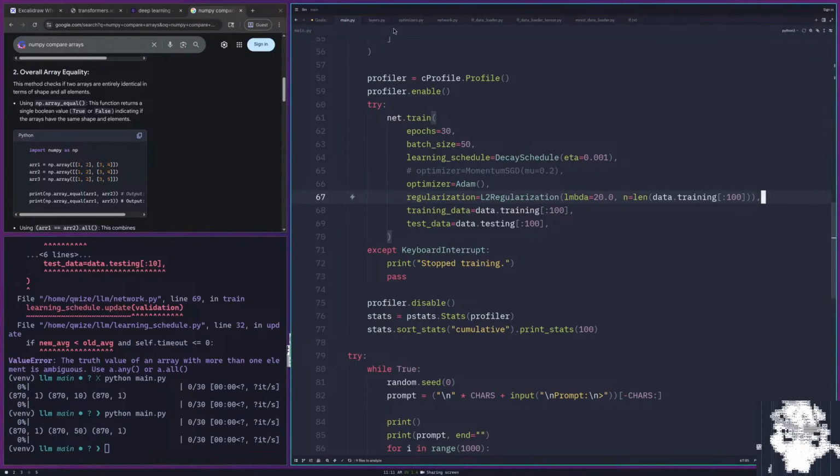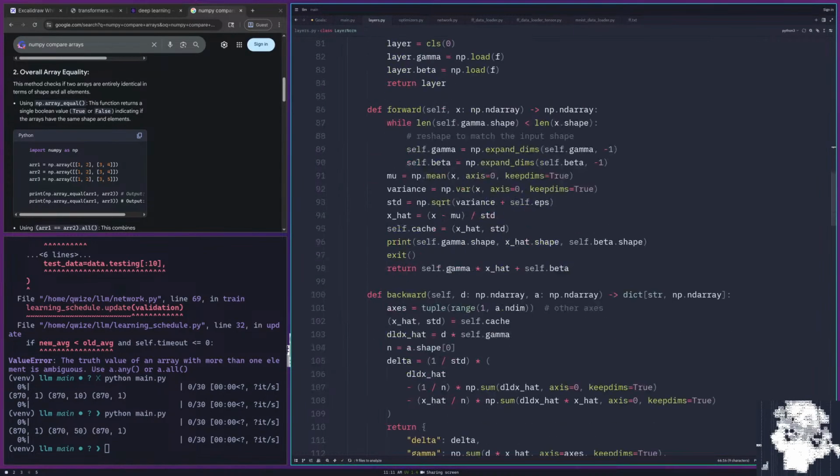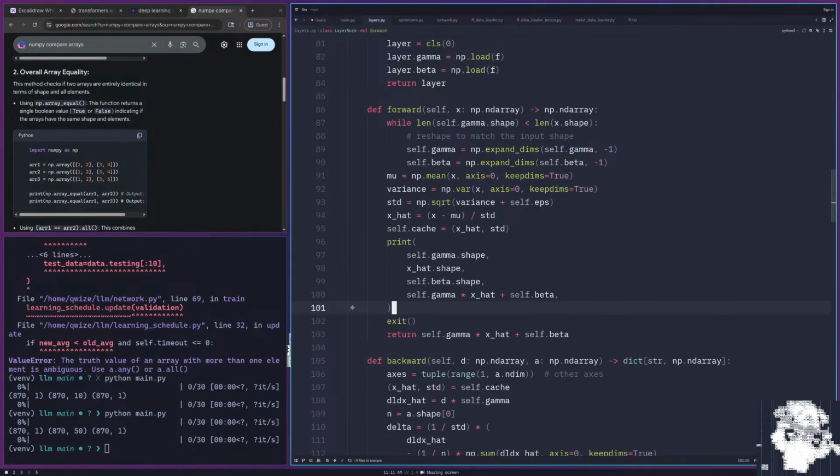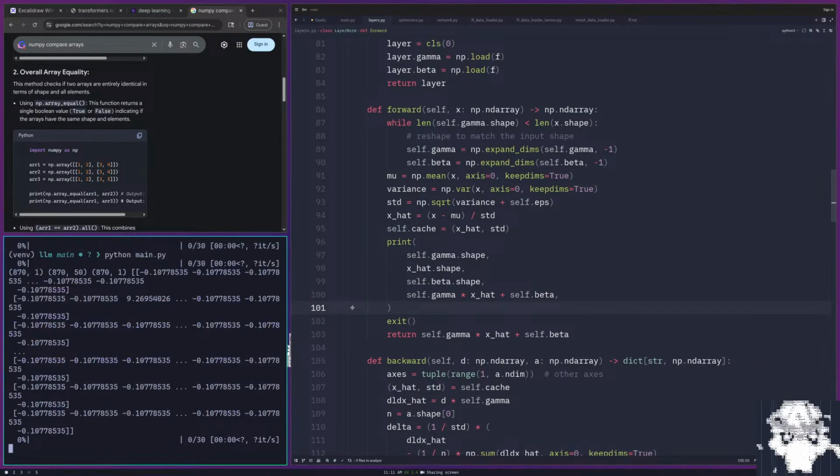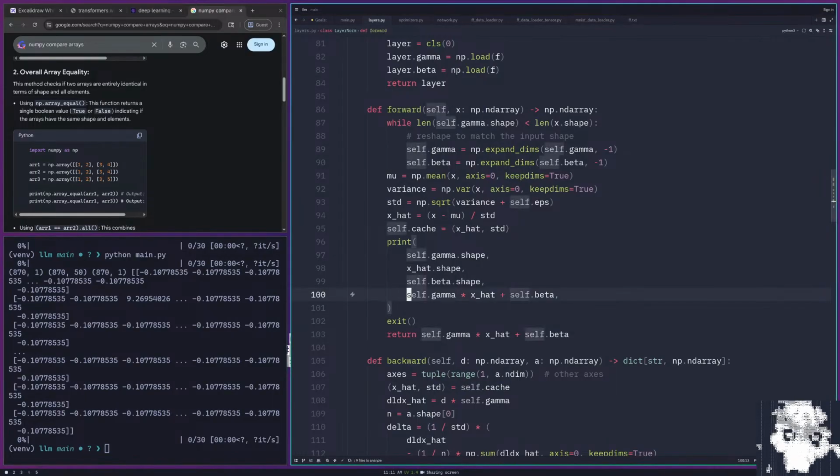Okay. And obviously I meant to put this in parentheses and add a dot shape on the end.